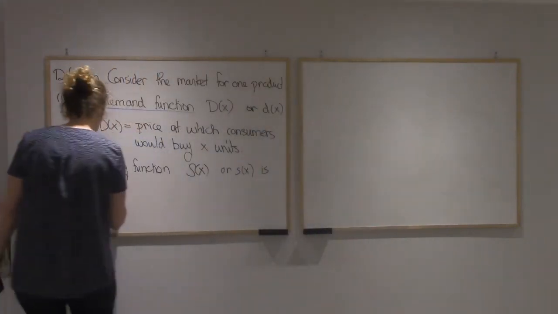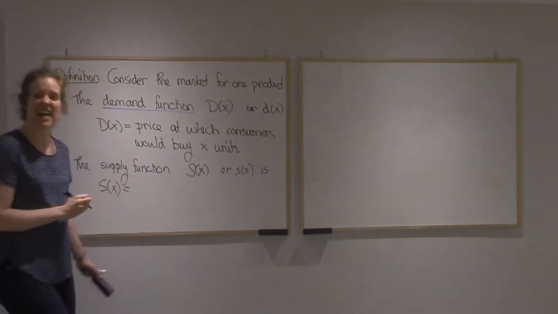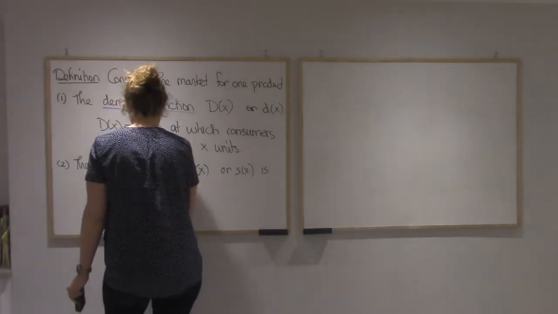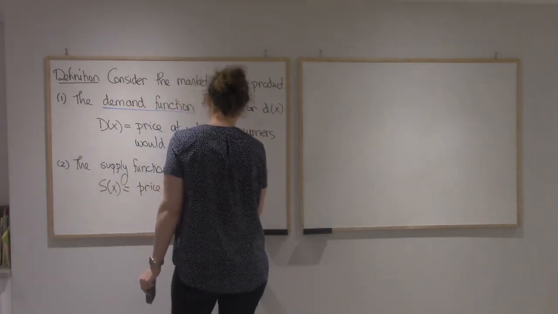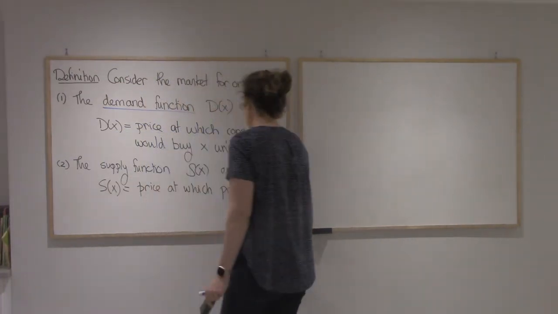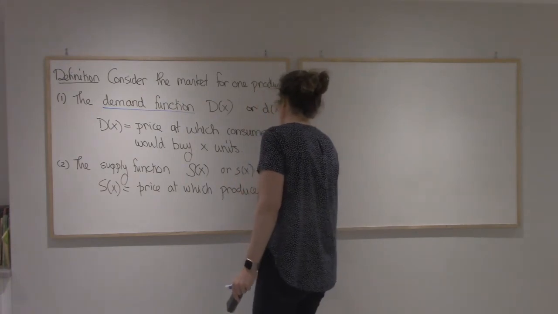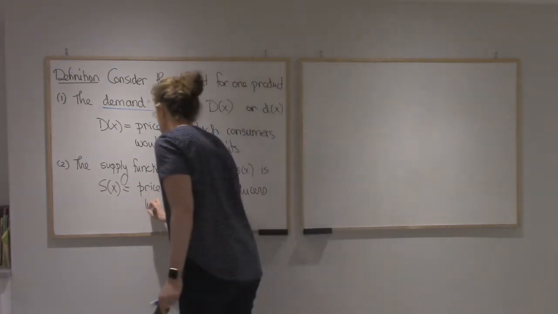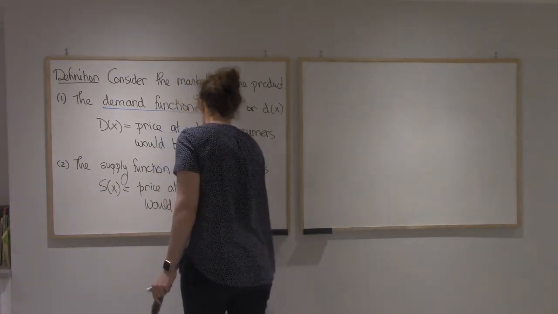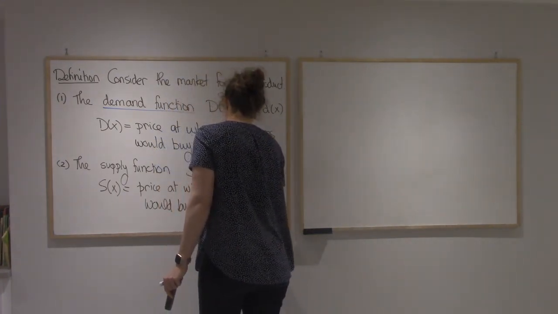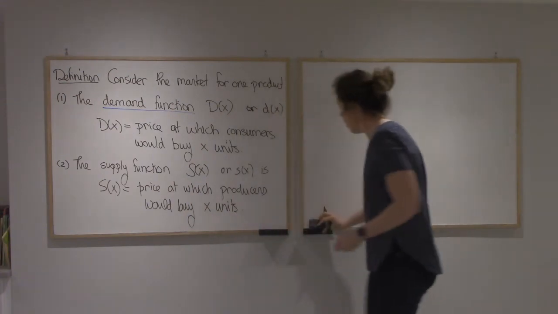So S of x is again a price. But this time I'm looking at the producers. So you're thinking of all the producers together.